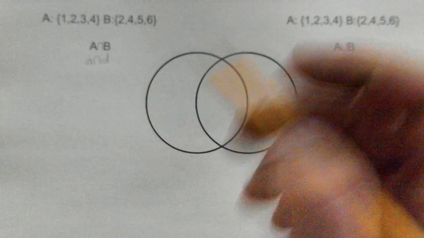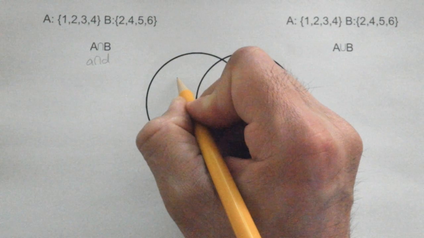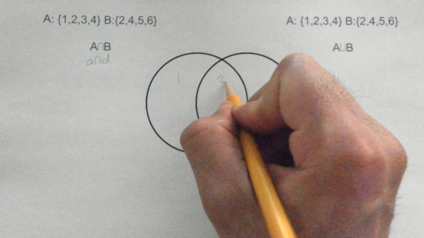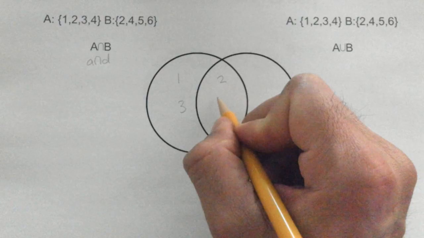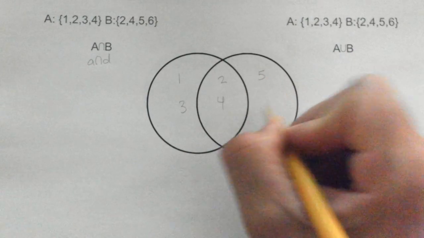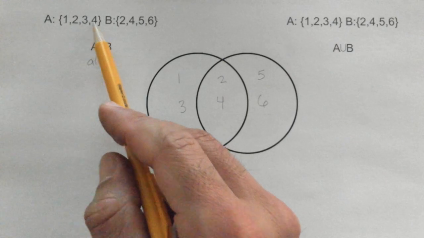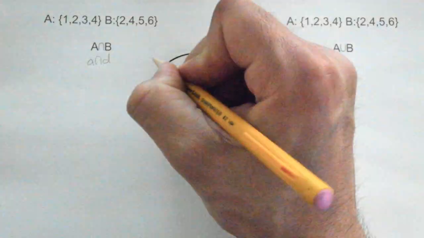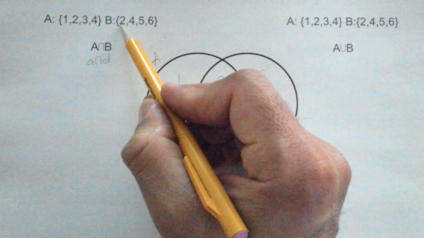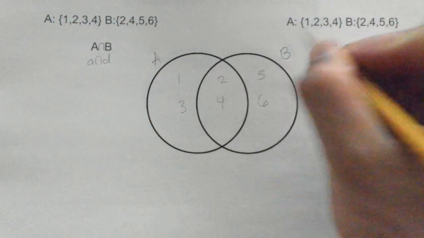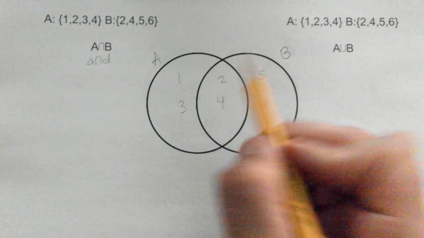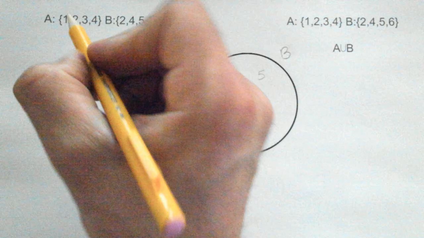Now, you can write the values in here: 1, 2, 3, 4, 5, and 6. Notice how 1, 2, 3, and 4 are in circle A, and 2, 4, 5, and 6 are in circle B. I wrote 2 and 4 in the middle because both 2 and 4 appear in both sets.